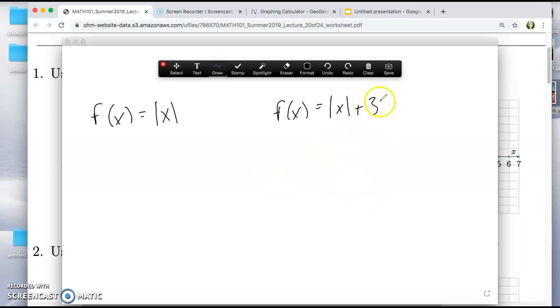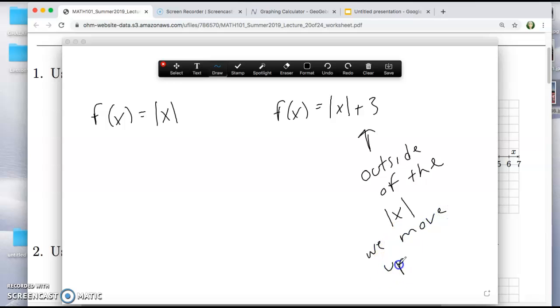Since the plus 3 is on the outside of the function, we move up or down. Since it's plus 3, we're going to move up 3 units.